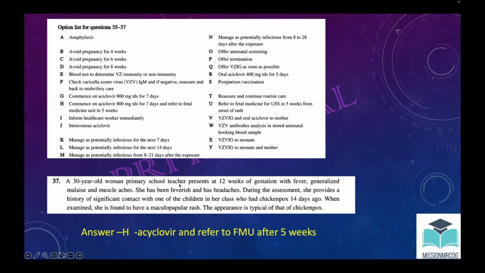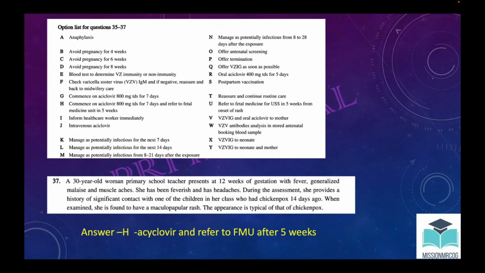Why have we gone for the ultrasound for fetal varicella? But she is not having a severe kind of chickenpox. No drowsiness, CNS symptoms are not there, lung symptoms are not there, hepatitis symptoms are not there, so admission would not be required.